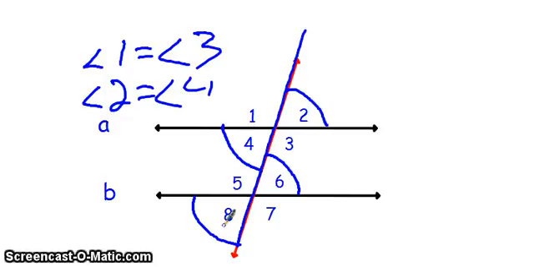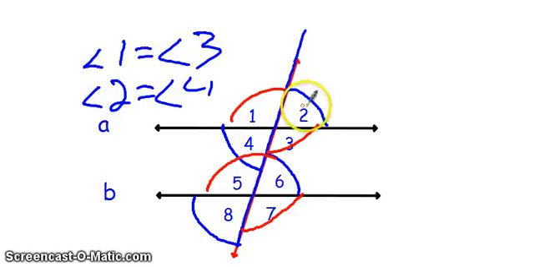We can say the same thing for angle 3 and angle 7, which are corresponding and equivalent, and because of vertical angles, 3 and 1 are the same and 7 and 5 are the same. So these four angles, 2, 4, 6, 8, are going to be the same, and 1, 3, 5, and 7 are all going to be the same.